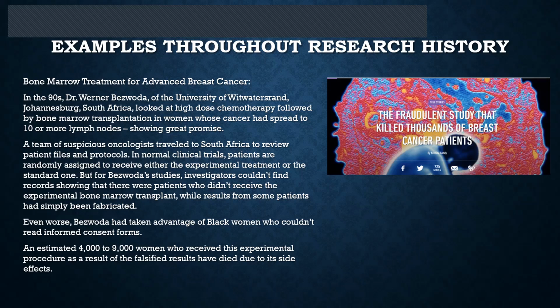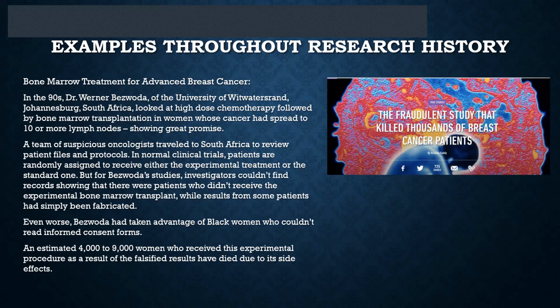And this was something that was really groundbreaking in terms of the world of oncology and breast cancer research. But it was so groundbreaking and so different, and the results were so overstated, that some researchers thought they would check in on some of the processes of this particular scholar. They traveled to South Africa and started looking at patient files and protocols.